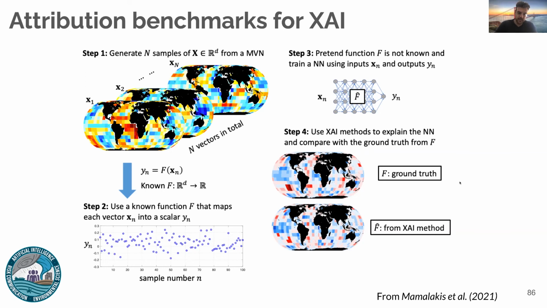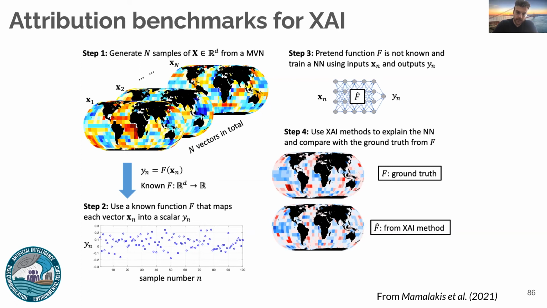Now, based on this assumption, we can use the ground truth of the attribution that can be derived directly from f, because we actually know the function f, and we can compare the explanations that we get from different XAI methods to that ground truth, to that prior estimate of what we expect the explanation to look like.